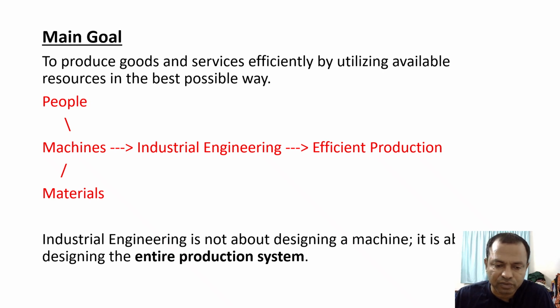So machines are there, people are working on it, and materials are worked on the machines. And industrial engineering helps for efficient production using these machines, people and materials. So industrial engineering is not about designing a machine, it is all about designing the entire production system.